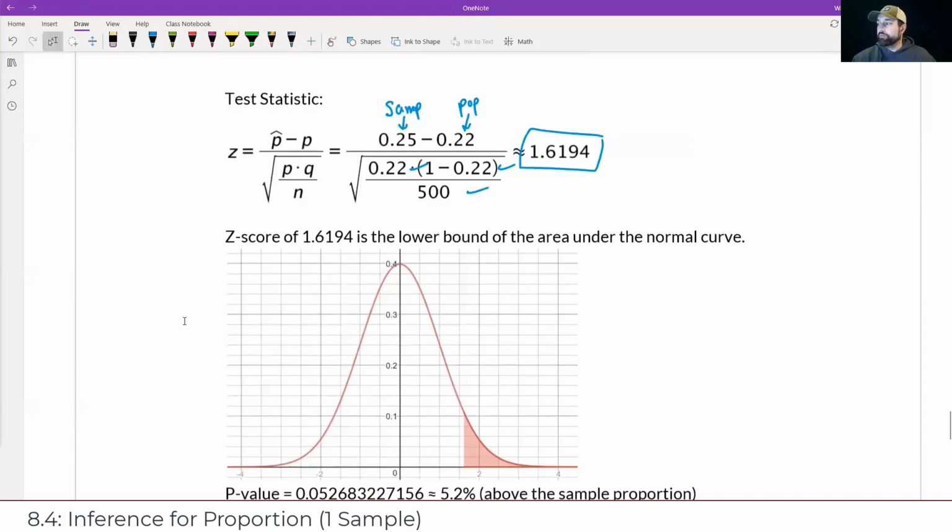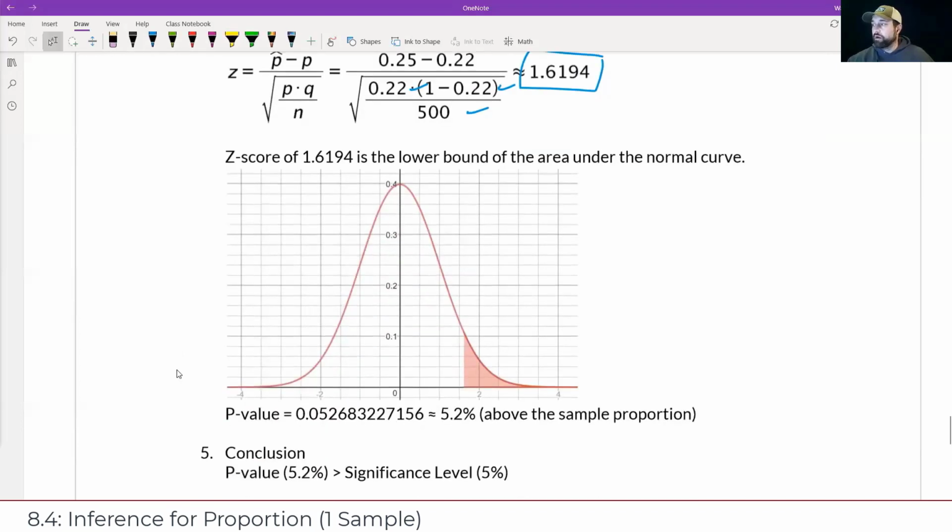And again, this 1.6194 means that if this is the population right here at 0, our sample is right here. So this is our sample p-value, p-hat, and it is 1.62 standard deviations above the population proportion. That's what that z-score means.